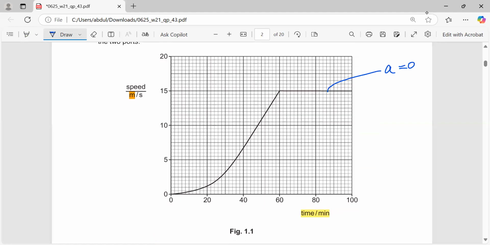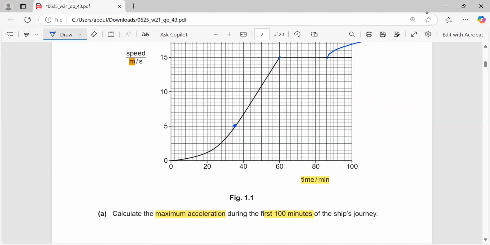We will choose the point from here till here. This is the position where the gradient of this graph is maximum. So we will find the gradient of this graph, which is equal to acceleration, because the gradient of a speed-time graph always gives us acceleration.